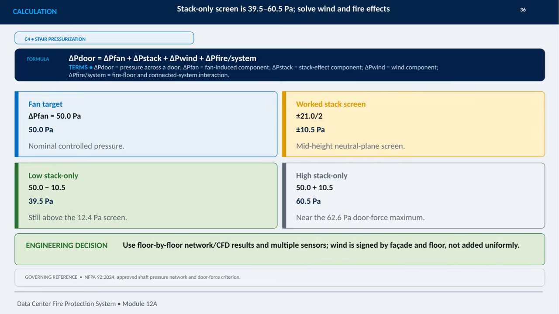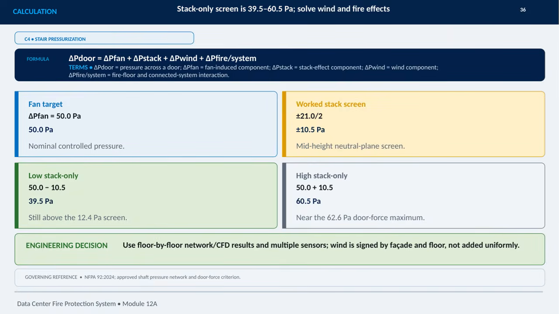This slide shows how we screen stair pressurization pressures before moving to a full engineering analysis. The door pressure is the combined result of fan pressure, stack effect, wind, and fire or system interaction. Our nominal fan target is 50.0 pascals. For the initial stack screen, we use a midpoint neutral plane estimate of plus or minus 10.5 pascals.